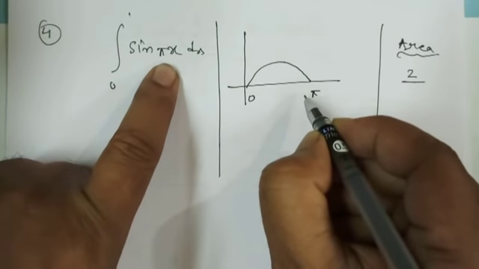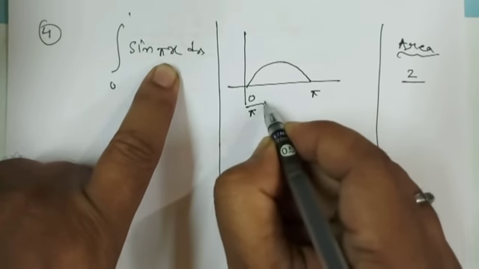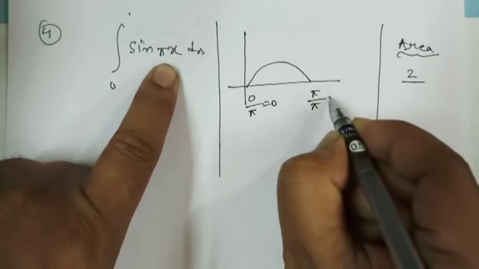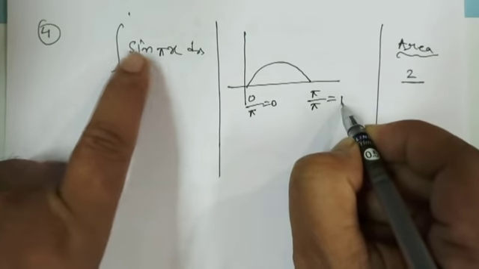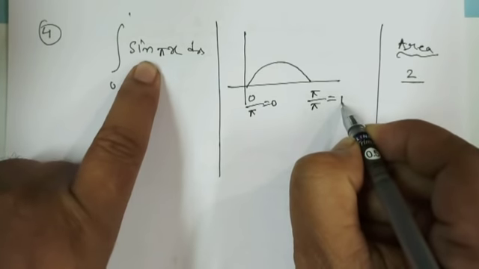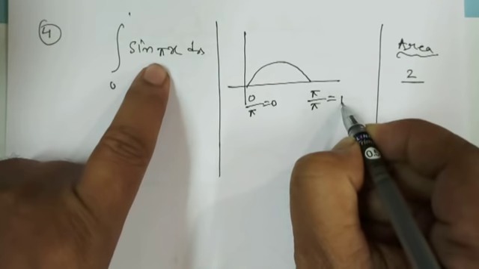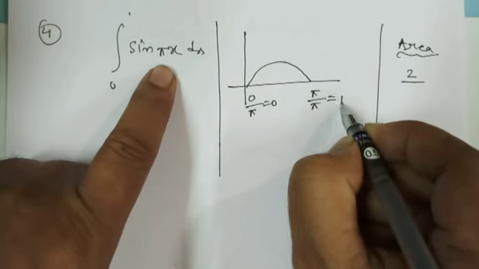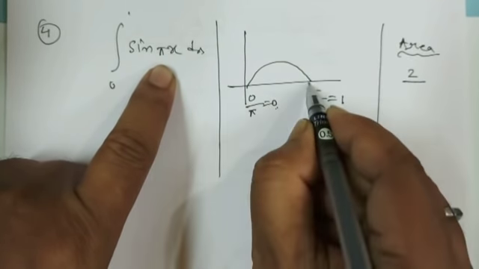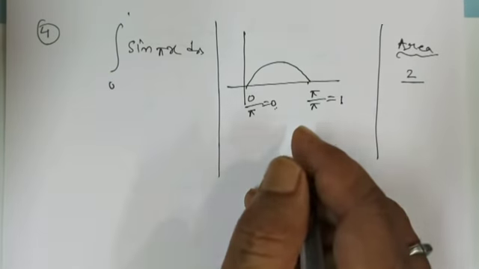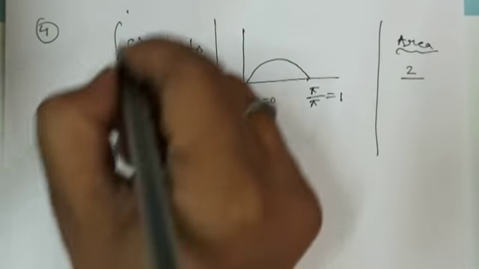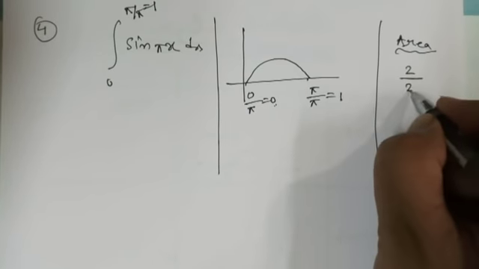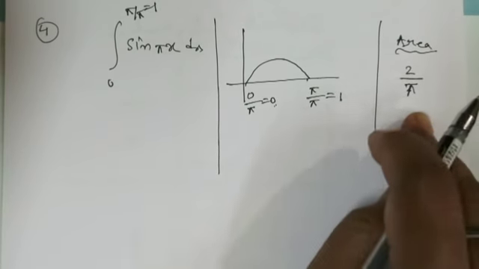So when sin pi x, this will be divided by pi, that is this is 0 and this is also divided by pi, this is 1. That is, for the function sin pi x, at least one loop lies in the interval 0 to 1. This is positive, so 0 to pi, this is pi by pi, that is 1 the upper limit, and the area is 2 by pi.